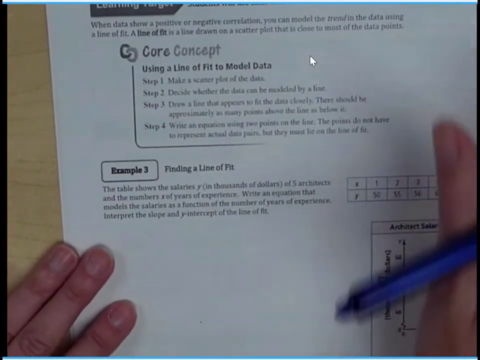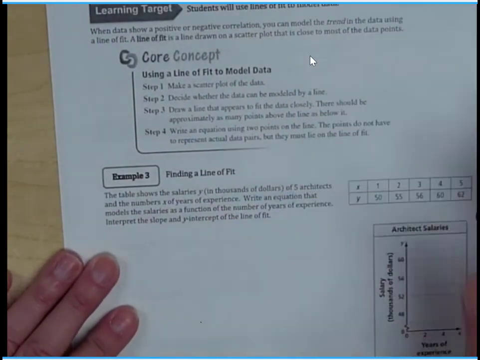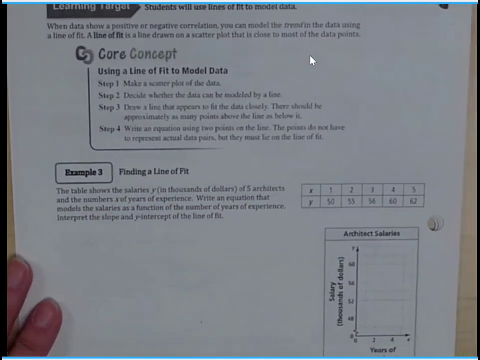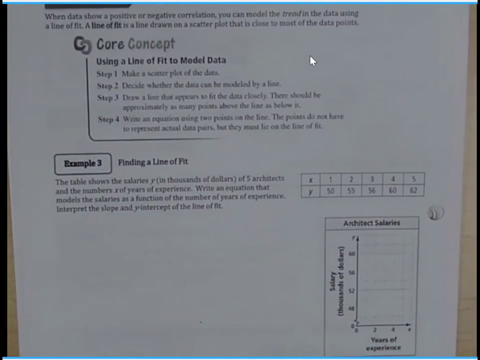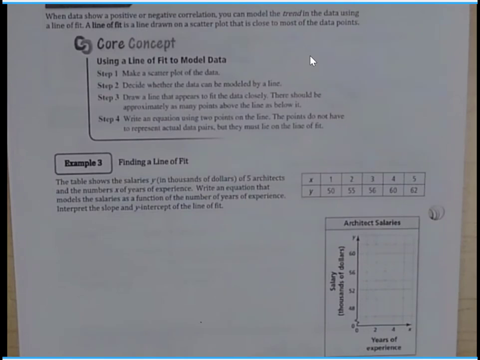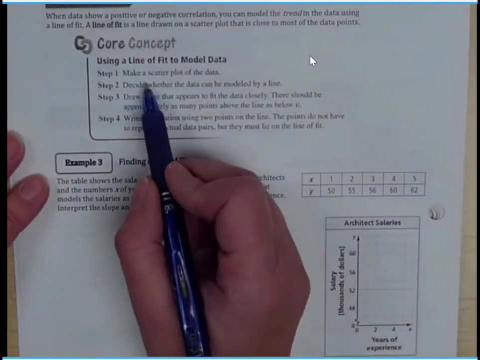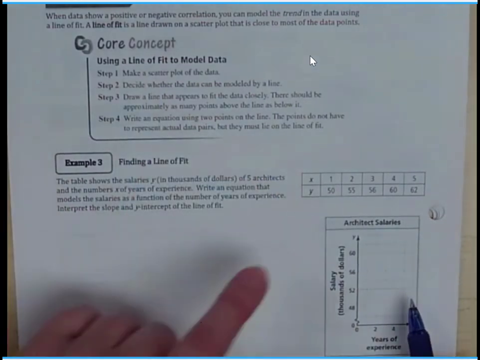Well, let's talk about graphing some of these. So what we're going to do is create a line of best fit, meaning we're going to take that data and write an equation. Now, we understand that it's not going to be a perfect equation, but it is going to be close. So how are we going to do this? We're going to make a scatter plot, so let's do this.